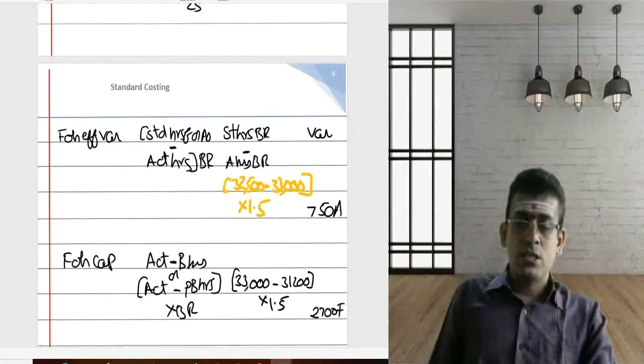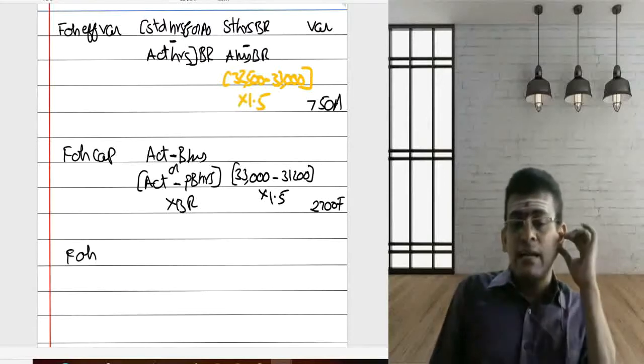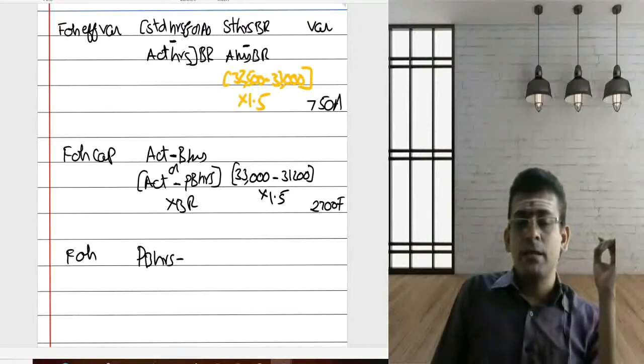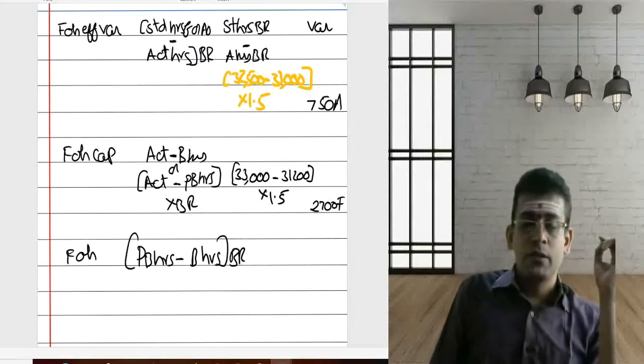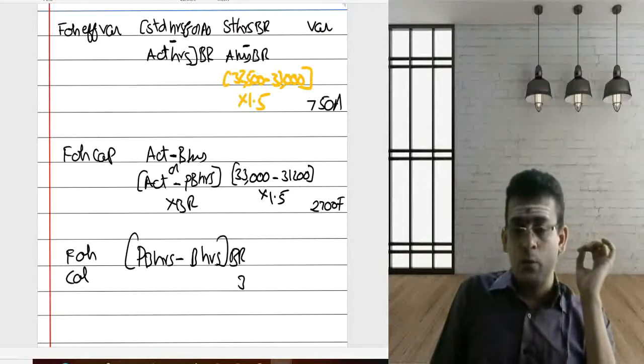Now finally the last variance, which is your calendar variance. How do I calculate my calendar variance? Possible budgeted hours minus budgeted hours into budget rate gives me my fixed overhead calendar variance. Possible budget hours we have just calculated to be 31,200.